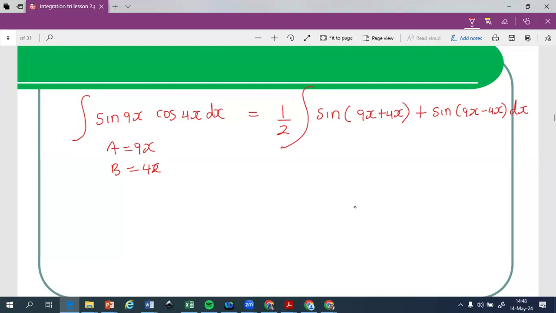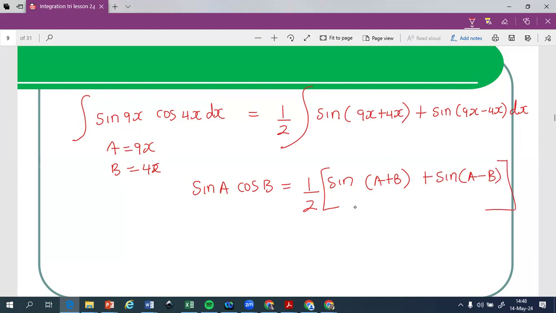Yes, sir. I'm coming back here. We say that when we have sine A, cos of B, and we expand, this is the same as a half sine of A plus B plus sine of A minus B. Now, since here we have sine and cos, and we ended up with sine and sines, we are going to substitute for our A and our B. Let A be that biggest angle, the largest of the two, which is 9x, and B is 4x.